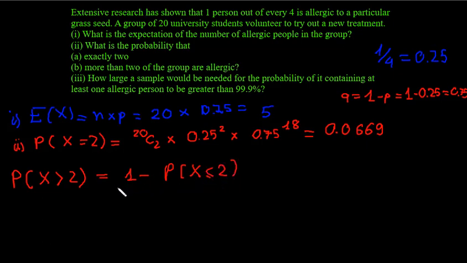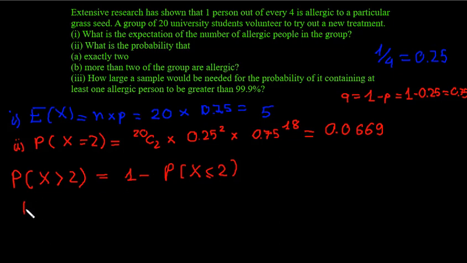Why is this one correct? Because the total probability is 1. The probability of X greater than 2 is equal to 1 minus the probability of X smaller or equal to 2, because they both construct a total probability of 1. So now we'll find this one.